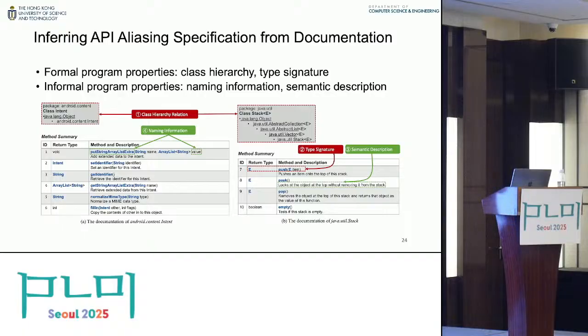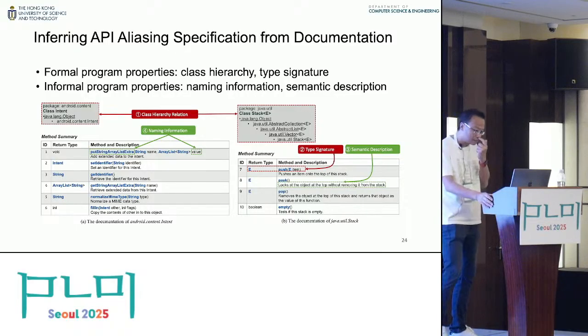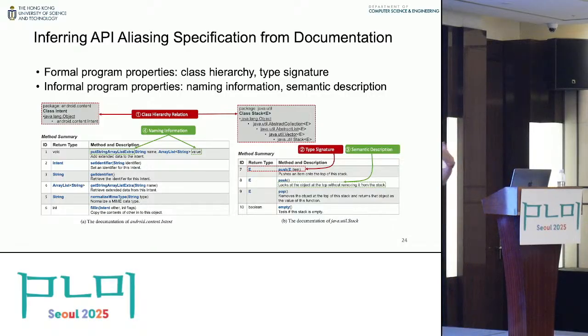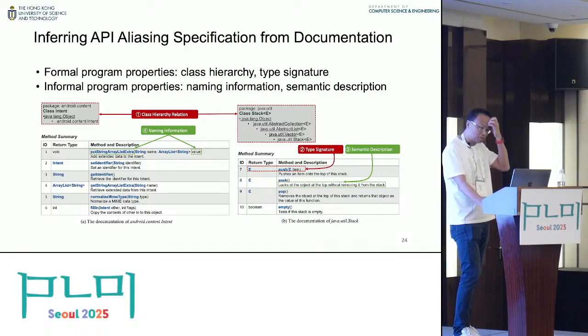When you push something and then you pop immediately, that's a trivial case, but you know that these two things are obvious aliases. Otherwise, that would be very difficult for static analysis to give you that conclusion, but it's very easy for a human to deduce that.